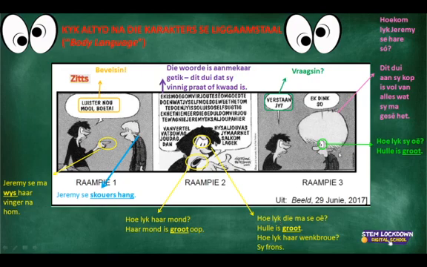Suddenly, his hair is all big. So, hoekom lyk Jeremy se hare so? Why is his hair looking like this now suddenly? Daai aan sy kop is vol van alles wat sy ma gesê het. It's indicating that his head has been filled with everything his mom has said.